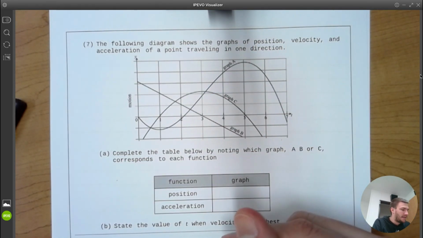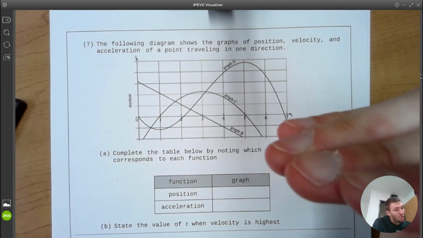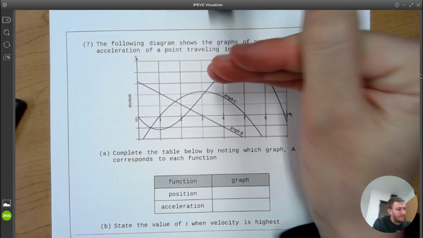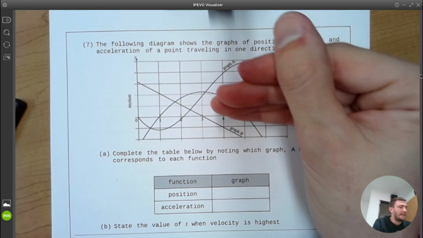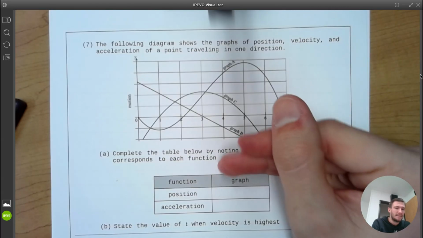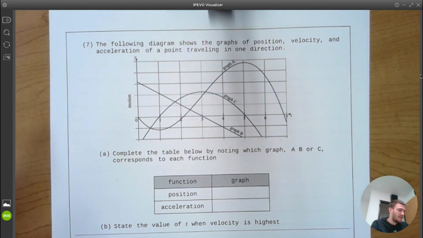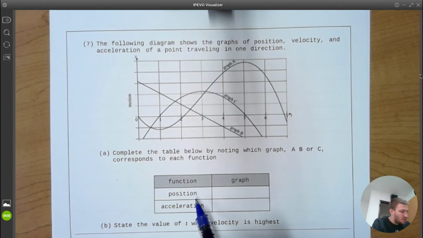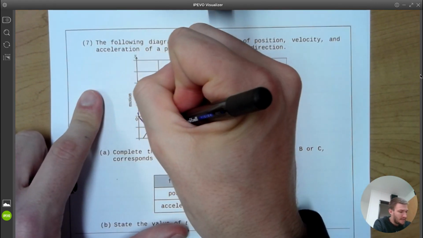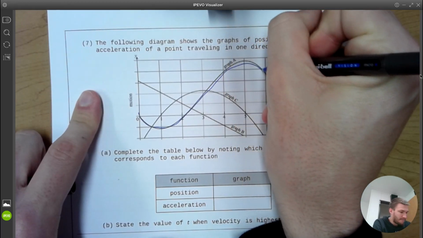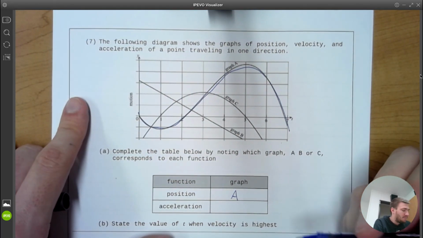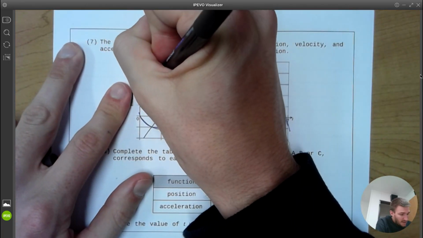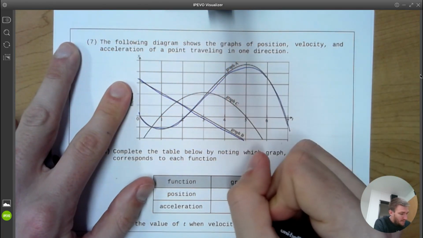And so what I'm thinking is the most complicated graph should be position, and then it will get degraded into the medium velocity, and then it will get degraded into the simplest acceleration. So position should be the most complicated, should be the cubic graph, should be graph A, and the acceleration should be the simplest graph, the linear graph, should be graph B.